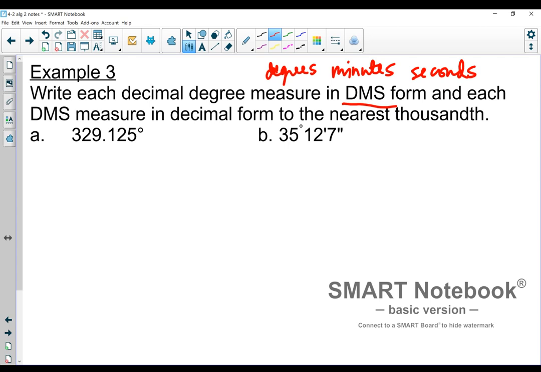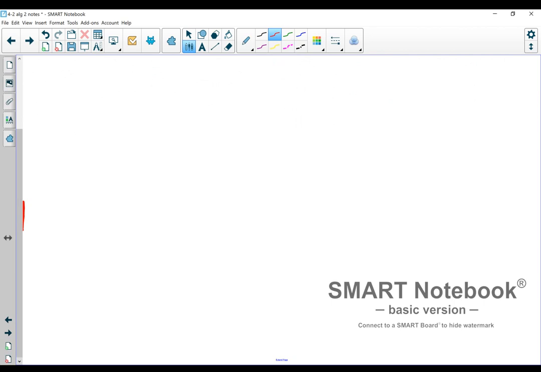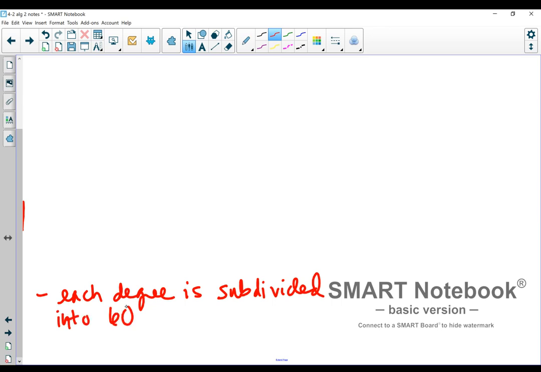So basically what they do is they take a degree and they subdivide it into 60 minutes. I'm trying to figure out where we should put this, maybe at the bottom. So let's write a little note here. Each degree is subdivided, and this is in our quest for fractions, right? Because we don't like decimals. So each degree is subdivided into 60 minutes, and we write it like this, 60, and then one little slash, that means minutes.